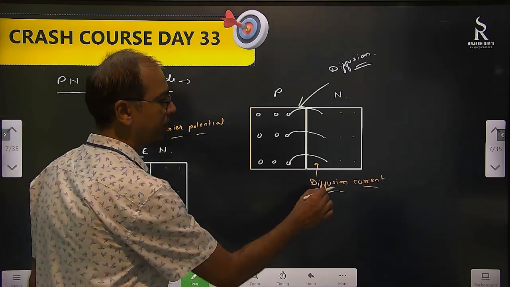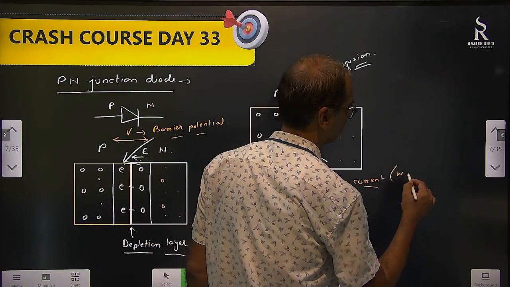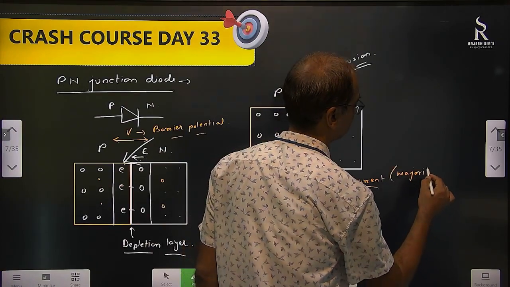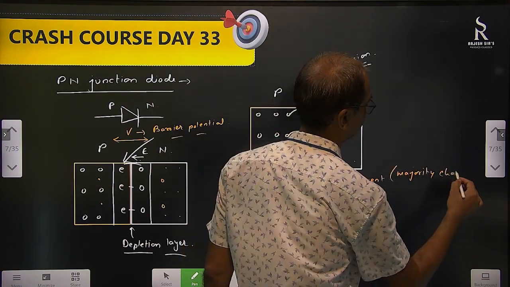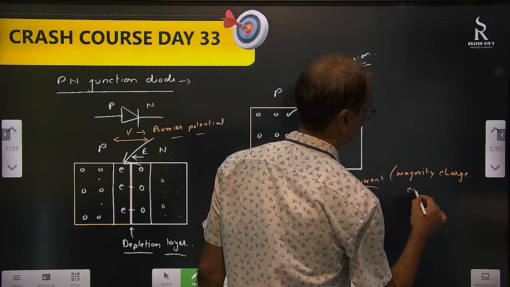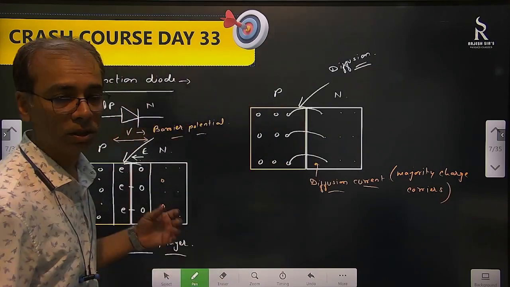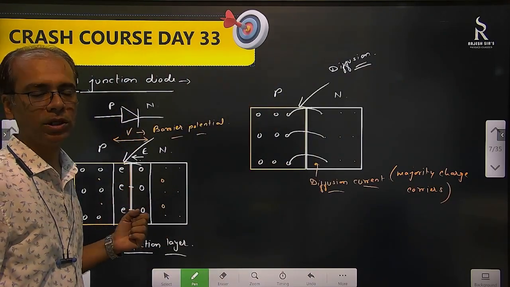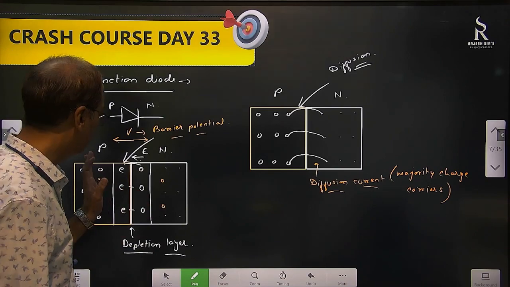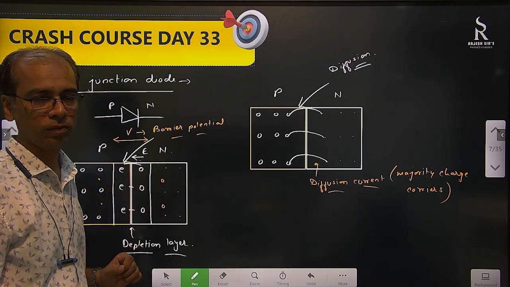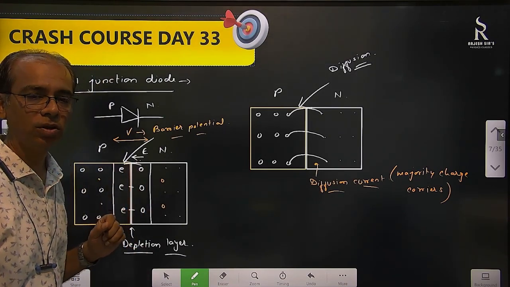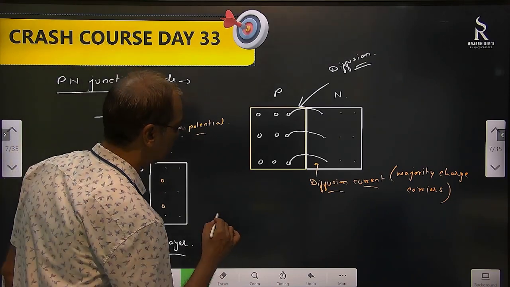The diffusion current is because of majority charge carriers. Because of this barrier potential, or this depletion layer, minority charge carriers are able to move this side. Then this current is called drift current.